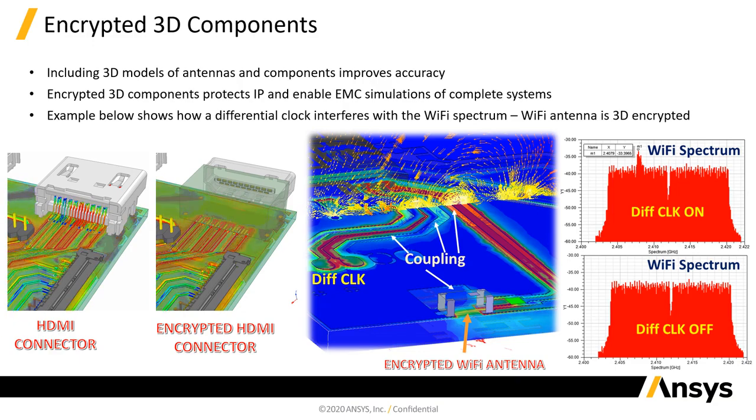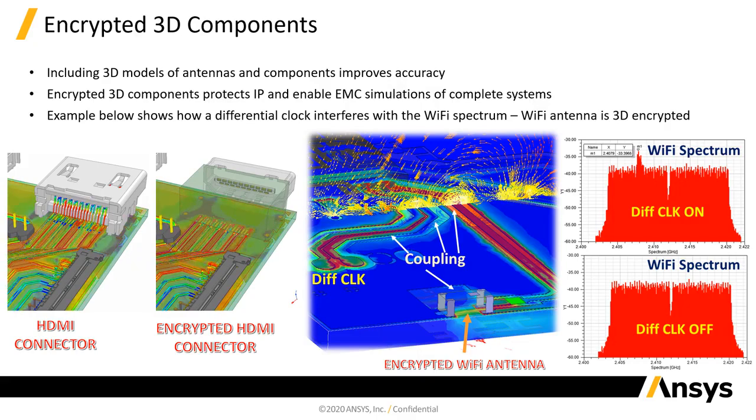Since HFSS leverages automatic adaptive mesh refinement technology, we don't need to know what's inside of that connector, but HFSS generates a very accurate mesh. That's a good way for integration between different suppliers and OEMs, integrators, to create full models and get a full picture.